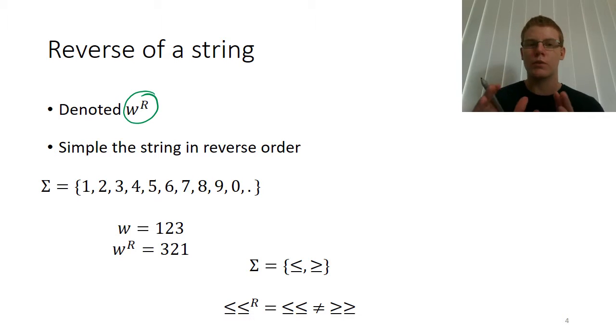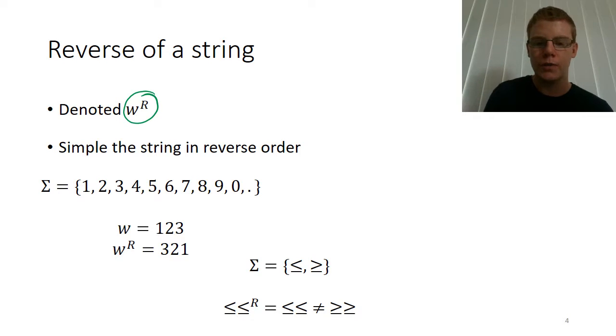Now it's important to remember that we're putting the symbols in reverse order. We're not flipping the symbols around on their y-axis. So the reverse of greater than or equal to, less than or equal to, and less than or equal to is the exact same string, less than or equal to and less than or equal to. It's not this string here.